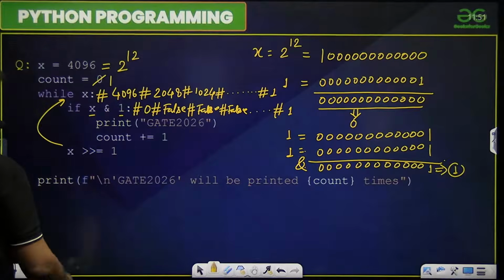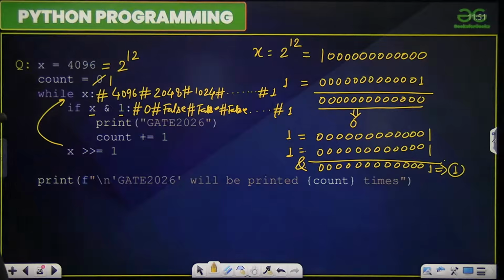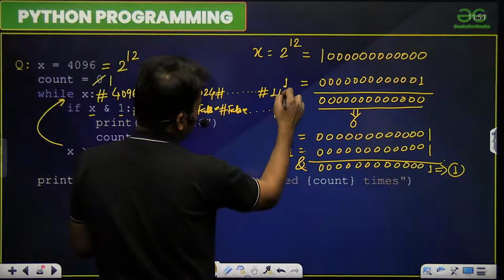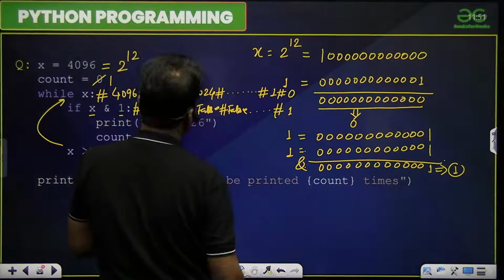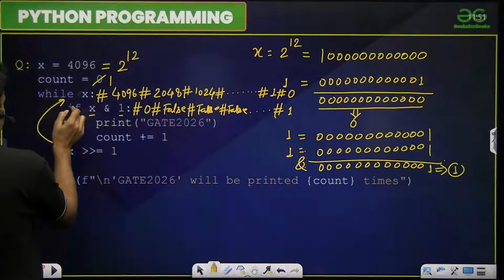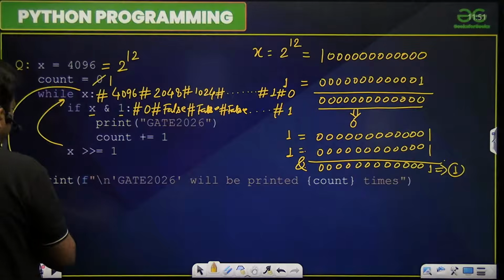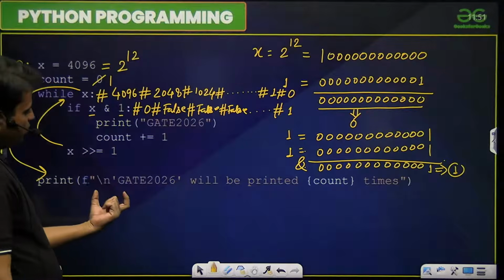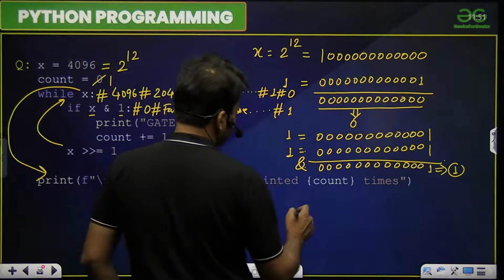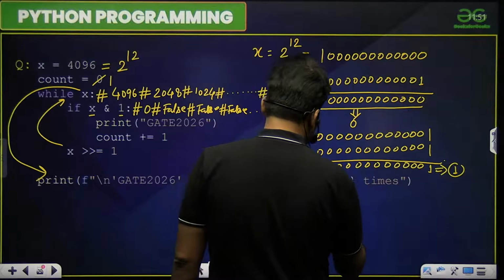Okay. Now after this, again the right shift operator. If you perform right shift here, then this is 0, and this condition is false. If this condition is false, then you exit and come to this line. Now GATE 2026 will be printed how many times? What is the value of count? Count value is 1.